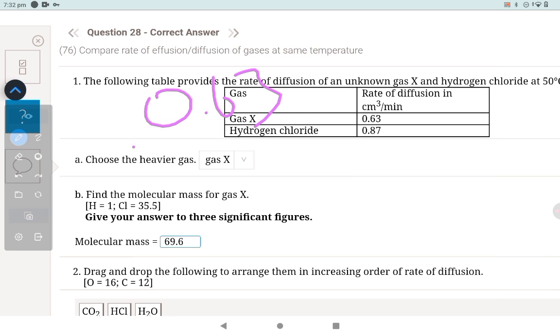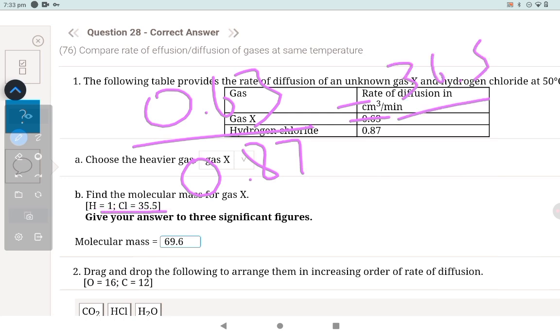Okay, 0.63 over 0.87 is equal to, we need to find the molar mass of hydrogen chloride, which is HCl, 35.5 plus 1, so that's 36.5 over M1. Yeah, okay, we can simply do, oh, square by the way, so we can do 0.63 squared.